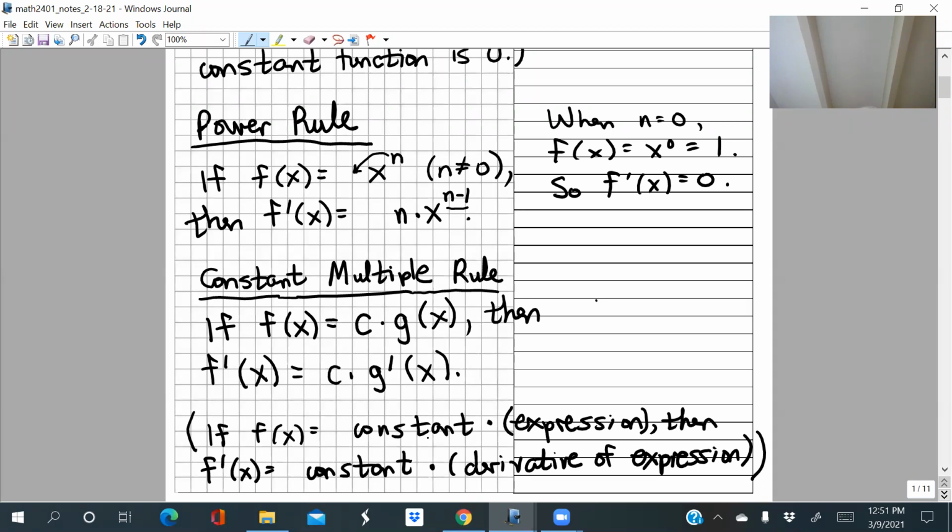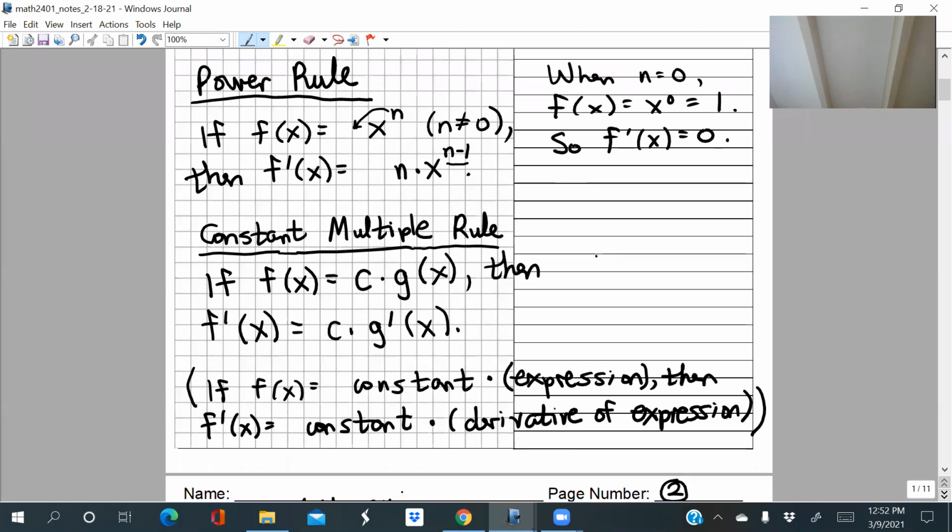If you have a function that's a number times an expression, and the expression can be complicated, then for the derivative you just keep the number and worry about taking the derivative of the expression. So you don't have to do anything with the constant. You can just leave it alone. I hate to say ignore it because it doesn't go away, but you can just leave it alone. Again, we're going to look at examples of all of these things.